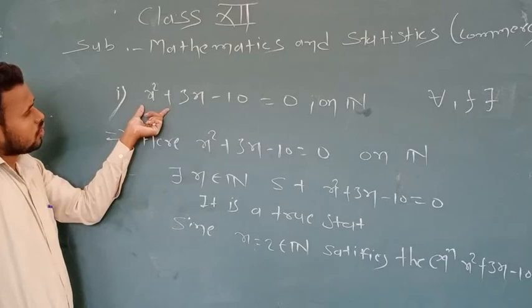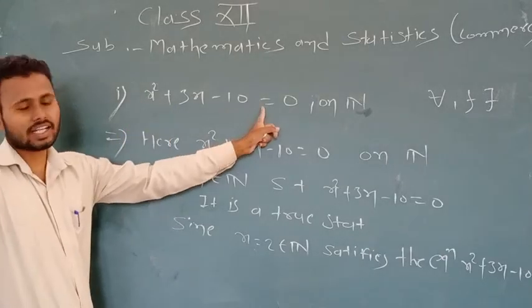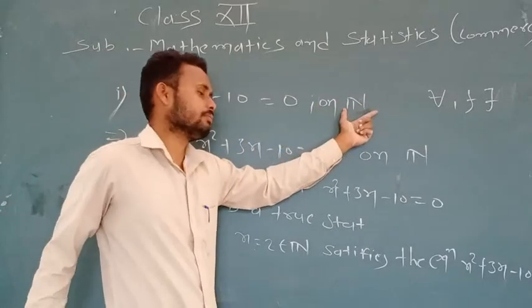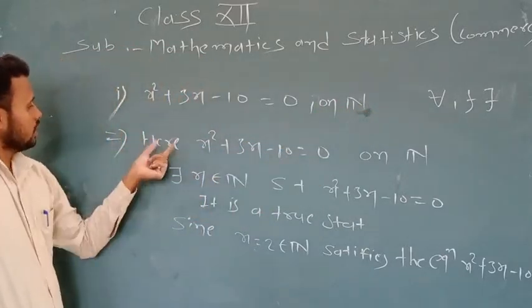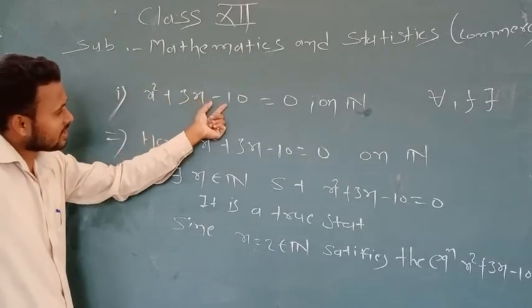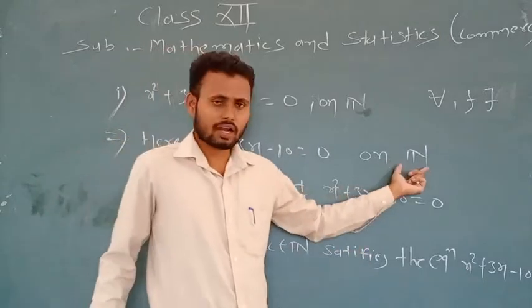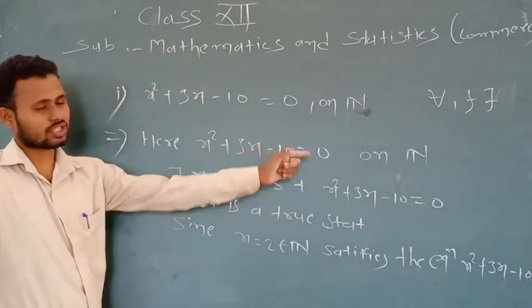Question काय होता: use quantifiers to convert the following open sentence defined on a natural number into a true statement. ठीक आहे. Here in the solution, given x square plus 3x minus 10 is equal to 0 defined on natural numbers. Means natural number असे घ्यायचे की इक्वेशन सॅटिस्फाईड केले पाहिजे.